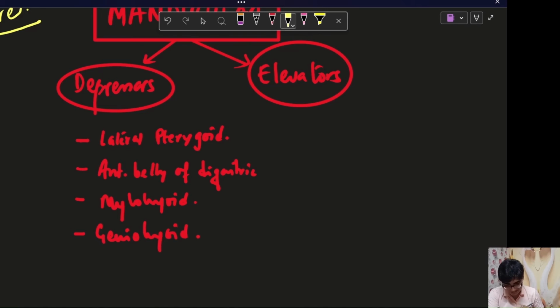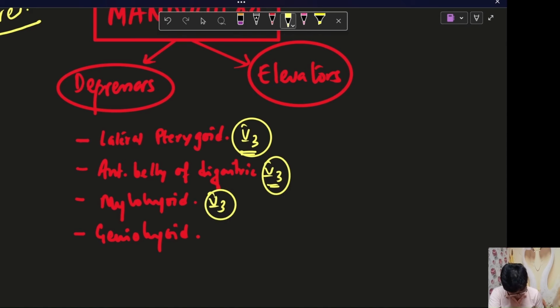So the lateral pterygoid muscle is being innervated by cranial nerve V3. Anterior belly of digastric, it is again cranial nerve V3. Mylohyoid, again cranial nerve V3. Okay, whereas the geniohyoid is being supplied by the C1 cervical plexus.